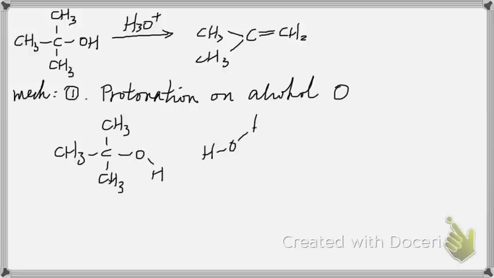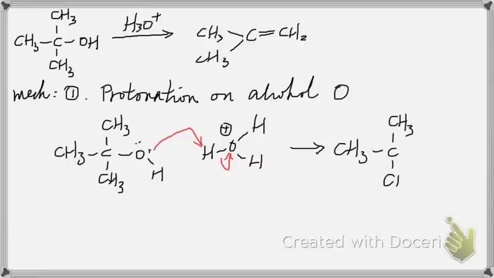So in this first step, the lone pairs of electrons on the oxygen of the alcohol will be donated to a proton. So it will get a proton from the hydronium ion in solution. When this oxygen is protonated, there will be a positive charge attached to it.